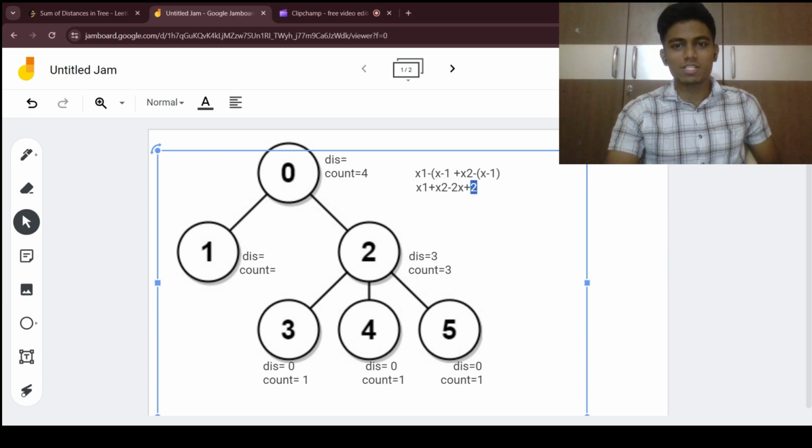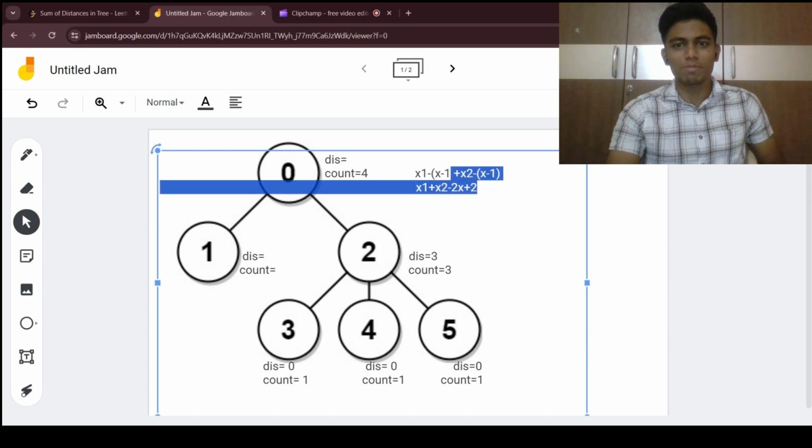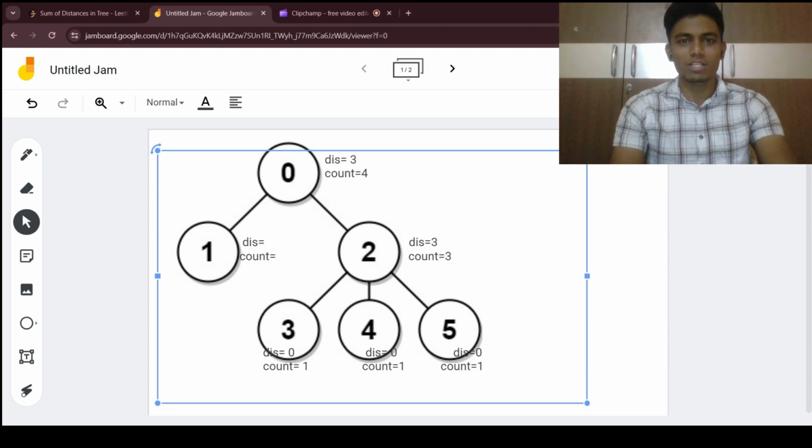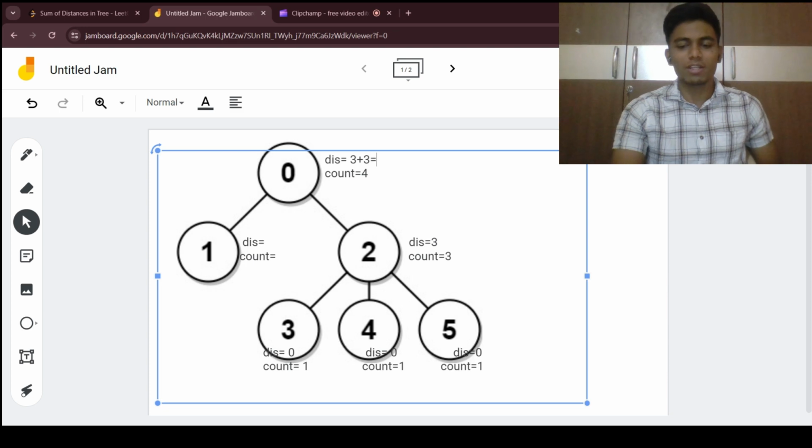That means however many points are present, we are going to increase by that many times. That means we are going to take the distance, as well as we are going to consider all the answer which is present. That means we are going to consider 3 plus the count which is present with the node, which is going to be 3, and then this gives us the answer of 6.